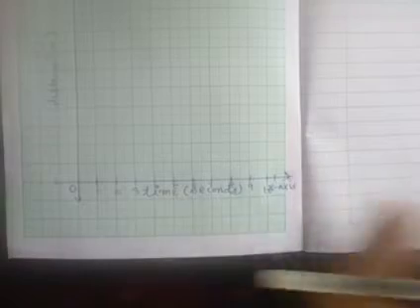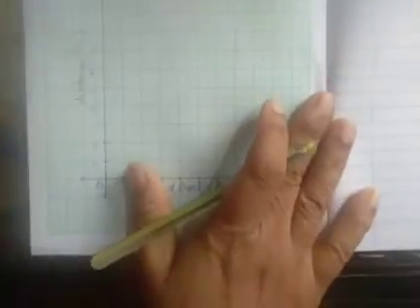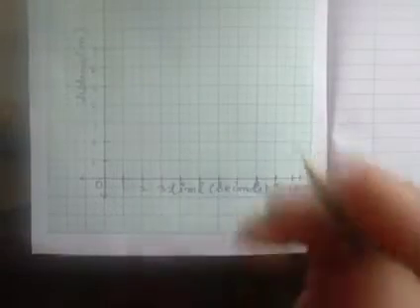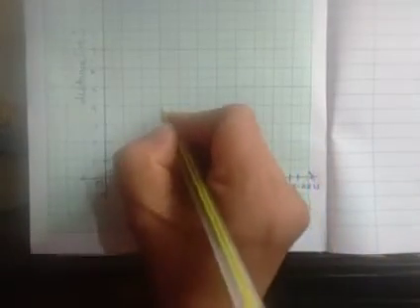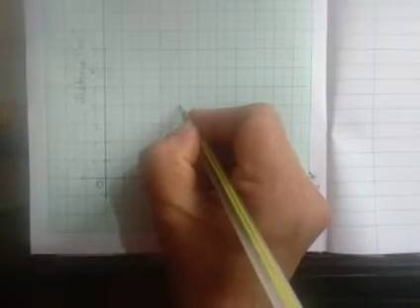Let's suppose this x-axis shows the time in seconds from 1 to 10, whereas distance in meters, let us take it as 1 meter, 2 meters, 3 meters, 4 meters, 5, 6, 7 and so on. Now let's suppose an object is somewhere here.